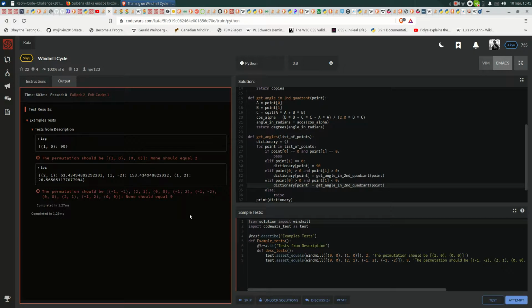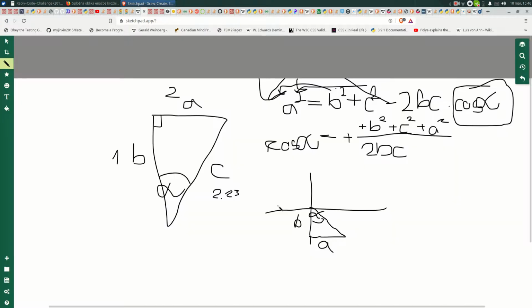It's 153. That's 153. Why is that? Because over here, A is the unknown, B is the... How do we get an angle that big? Do we take minus? We got some interesting values over here.